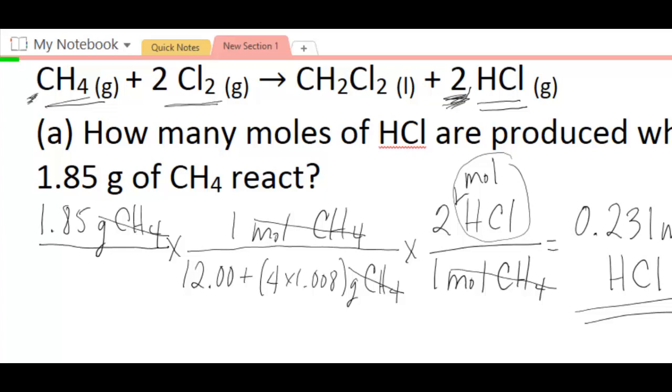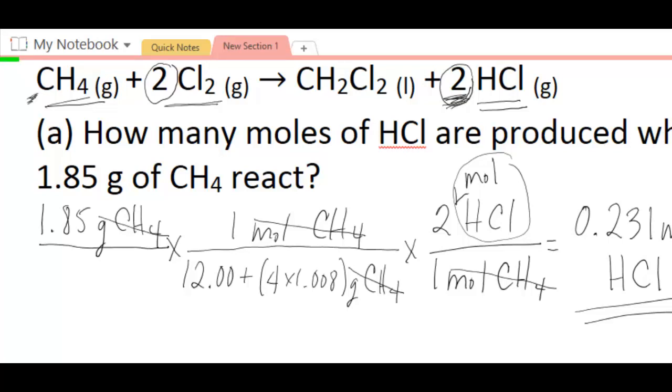And then you can relate moles of chlorine to moles of hydrochloric acid. If you go back up and look at the chemical equation, you can see that for every 2 moles of chlorine gas, you have 2 moles of hydrochloric acid. So that's going to be your relationship: 2 moles of hydrochloric acid to 2 moles of chlorine gas.